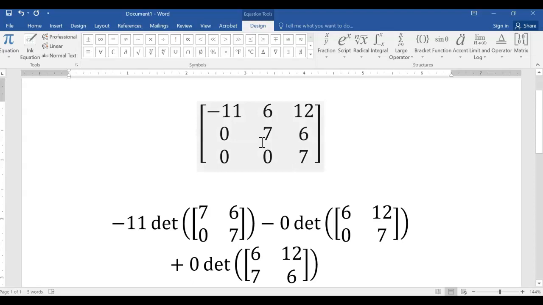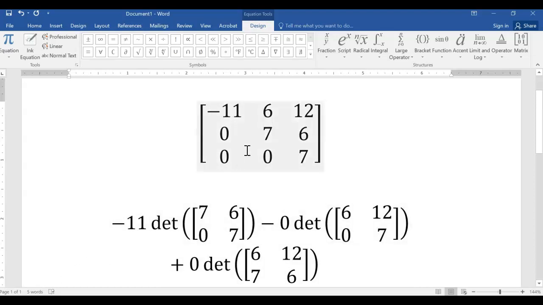So this was an upper triangular matrix, and you can convince yourself that anytime you have a triangular matrix, whether it's upper triangular or lower triangular, the determinant is always going to be just a product of the diagonal entries. Because you start row expanding, you do column 1, you only end up with negative 11 times the determinant of this submatrix.